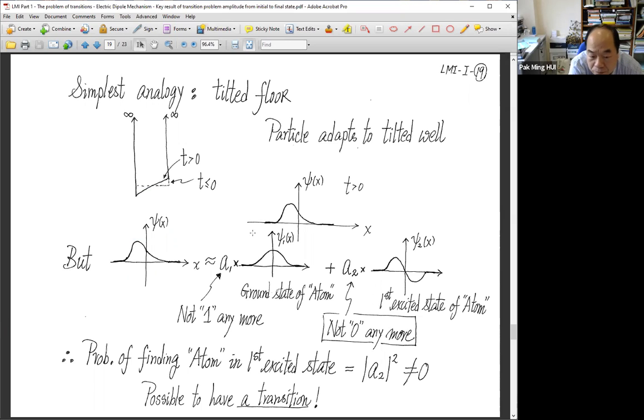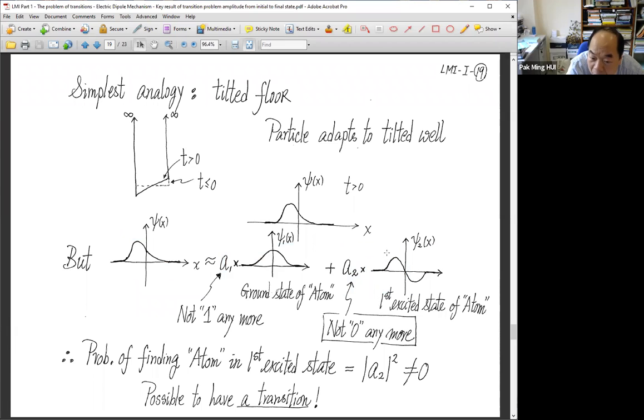Now, remember that such a wave function confined in this well can always be expanded in terms of the energy eigenstates of the flat bottom well, the atom. So we have some coefficient times the ground state, some coefficient times the first excited state, and we should have more terms. But for simplicity, I focus on this excited state.